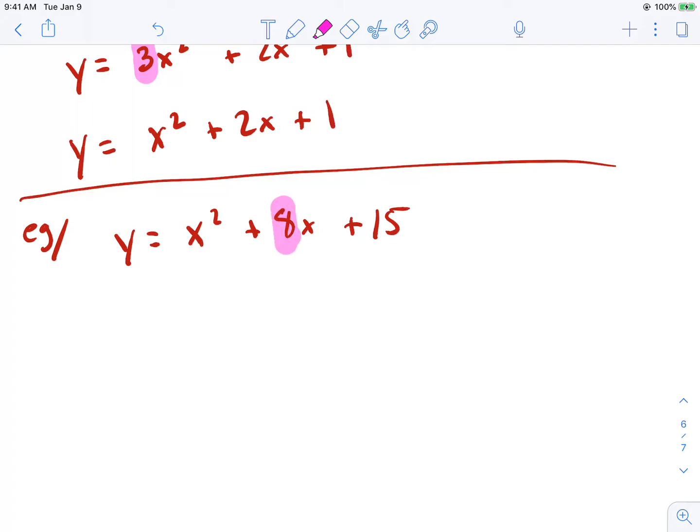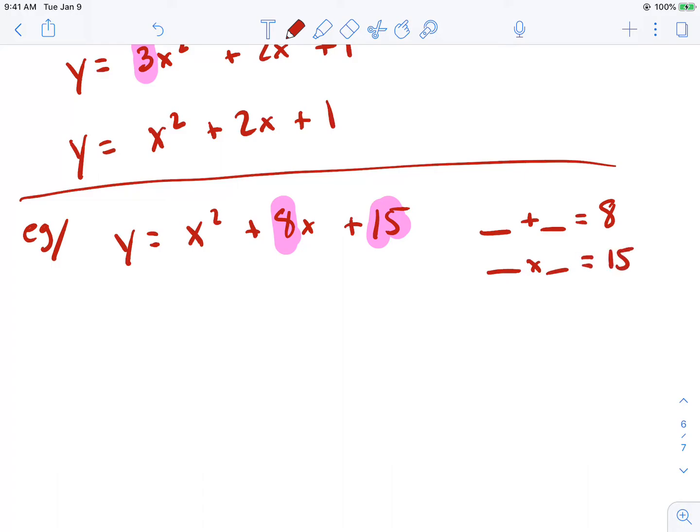This number in the middle and this number on the outside are our keys. We need to find two magic numbers. Our two magic numbers need to add up to the number in the middle, which is 8. They also need to multiply to the number on the outside.